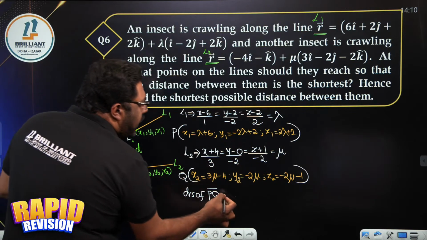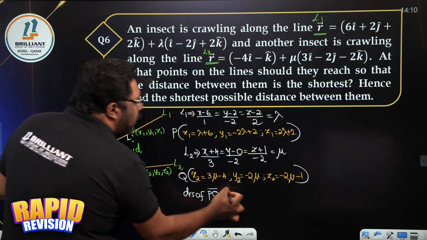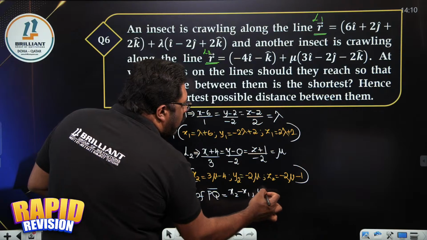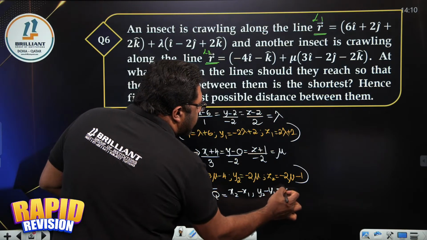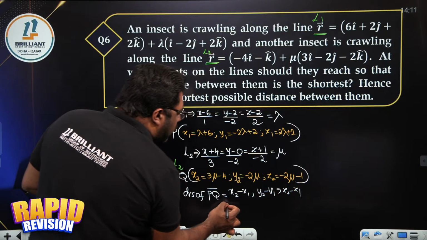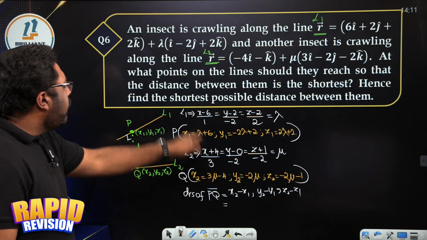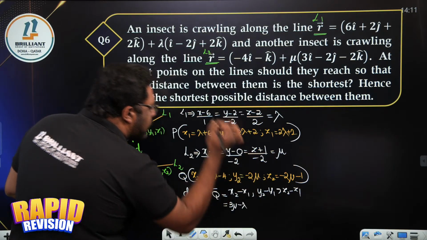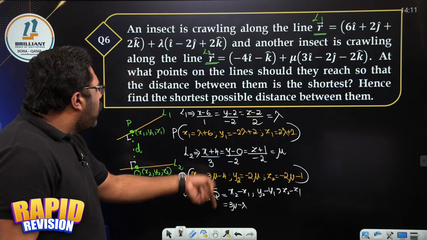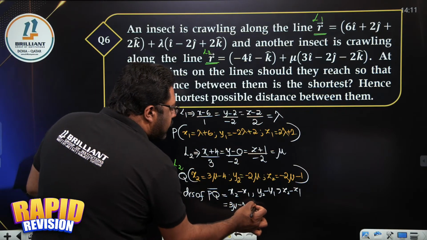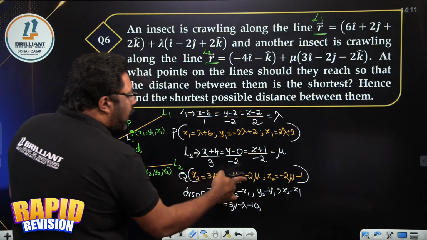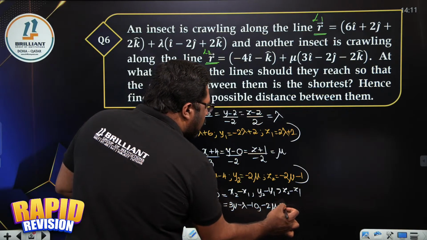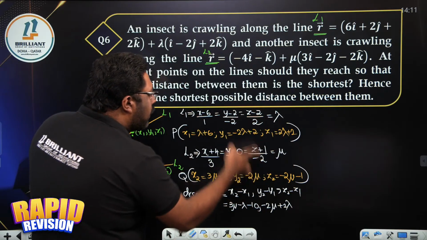Fine, it's correct. So PQ is equal to x2 minus x1, y2 minus y1, z2 minus z1. Subtracting: 3 mu minus lambda minus 4 minus 6, which is minus 10. Y2 minus y1 is minus 2 mu plus 2 lambda minus 2.